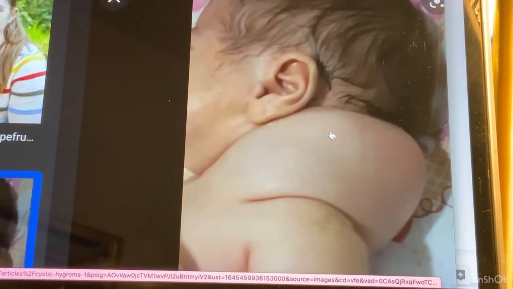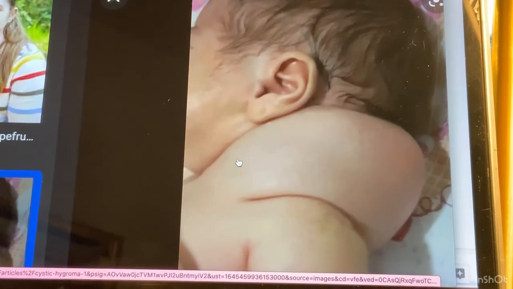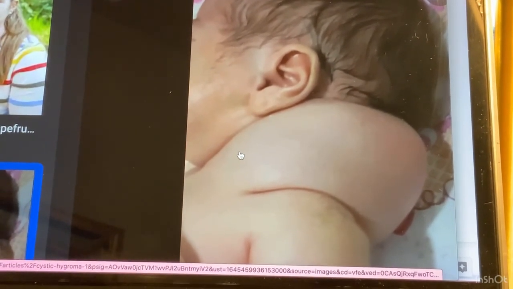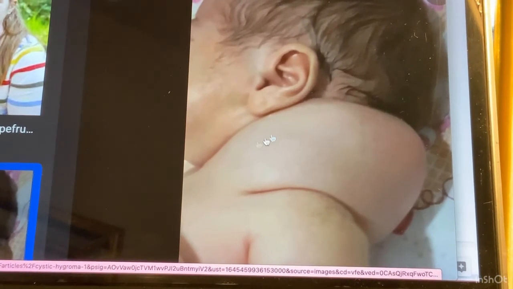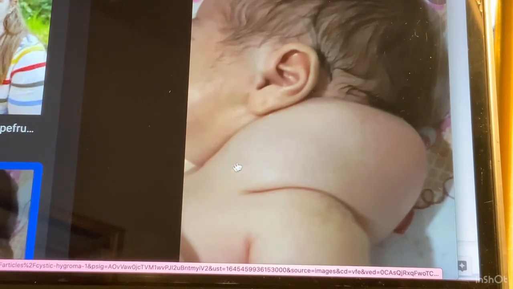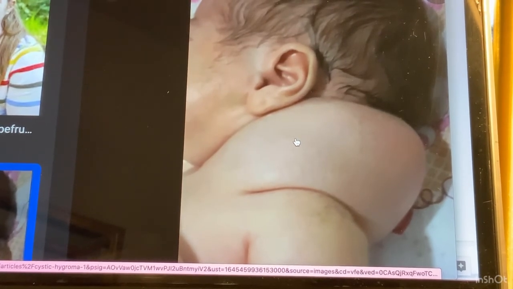It's congenitally present in neonates, and it's occurring in the posterior triangle of the neck behind the sternocleidomastoid muscle. It's a congenital, multiloculated, giant lymphatic lesion. It's pretty big. It's a lymphatic lesion that can present at birth on antenatal screening or within 2 years of life.